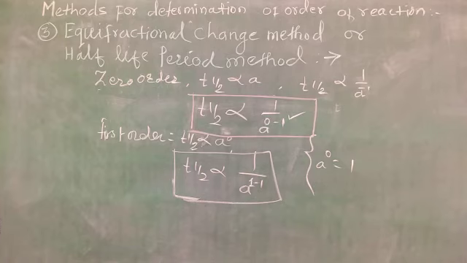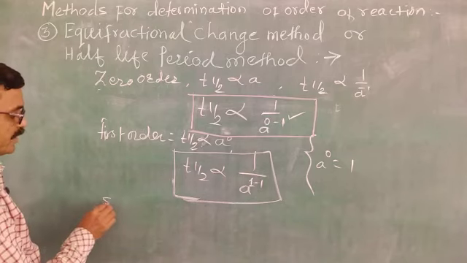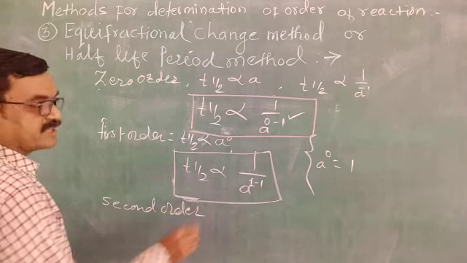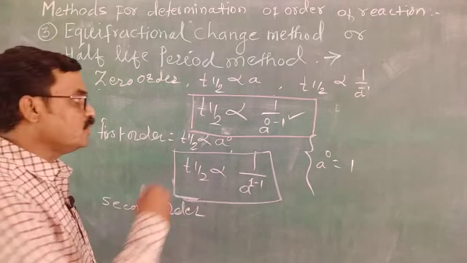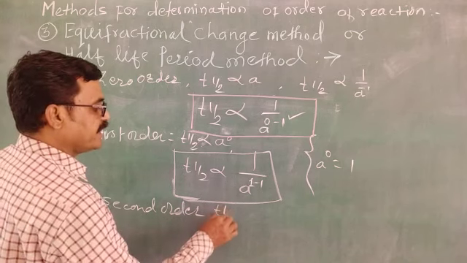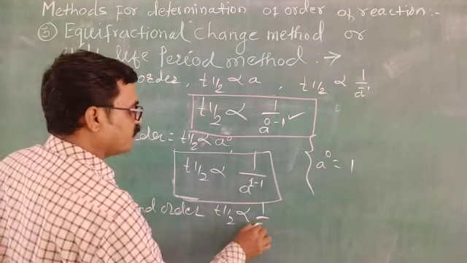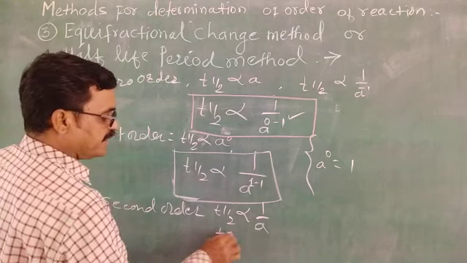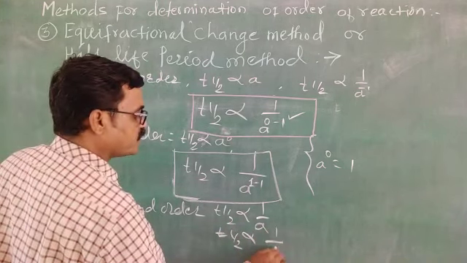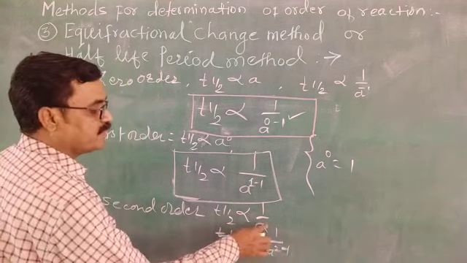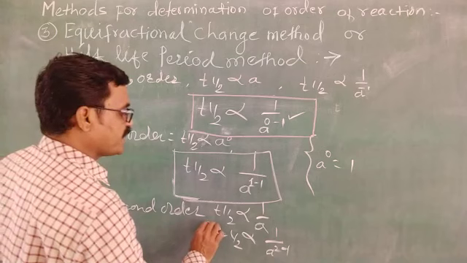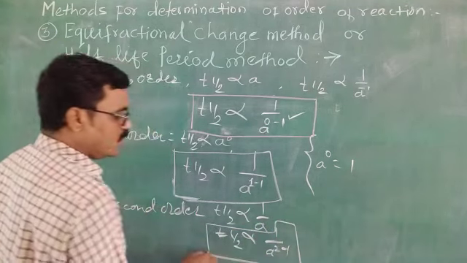Similarly, for a second order reaction, you know T half is inversely proportional to A. That's why we may write T half is inversely proportional to 1 upon A raised to power 2 minus 1. 2 minus 1 means 1. This is also known to you.